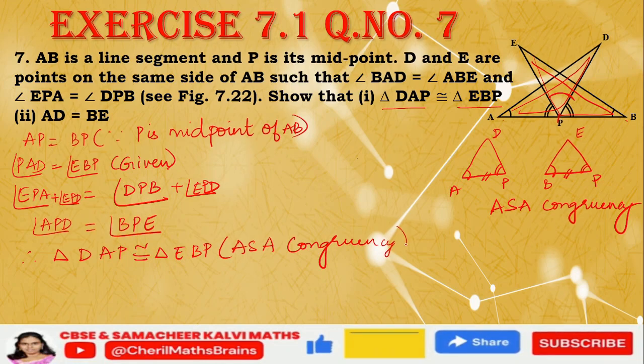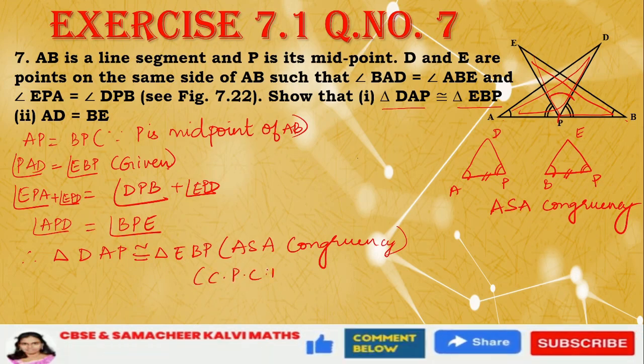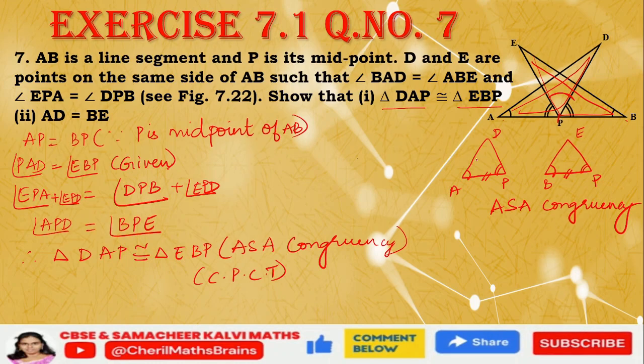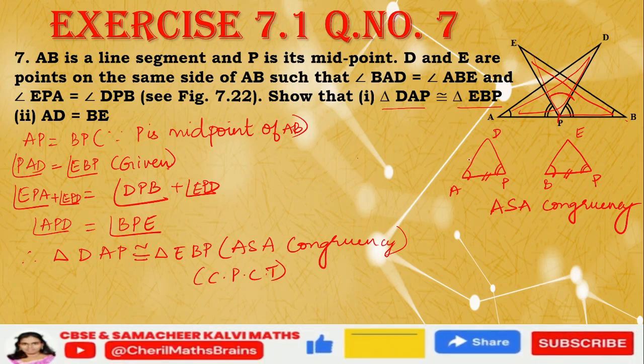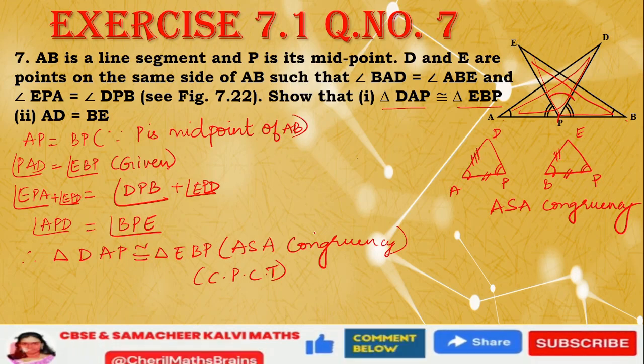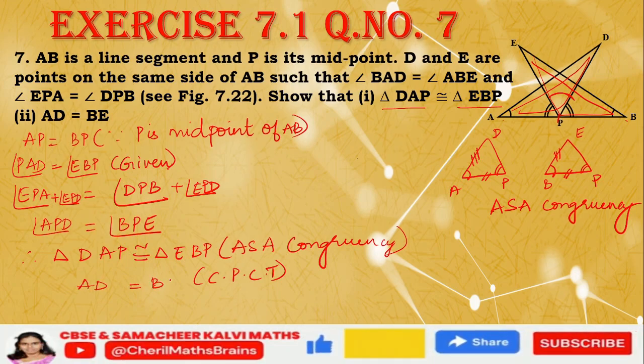And we know that for two congruent triangles the corresponding parts of congruent triangles are equal. So as per CPCT we can very well say all the corresponding sides are going to be equal. So that's what I'm going to write next: AD is equal to BE. This is as per CPCT.